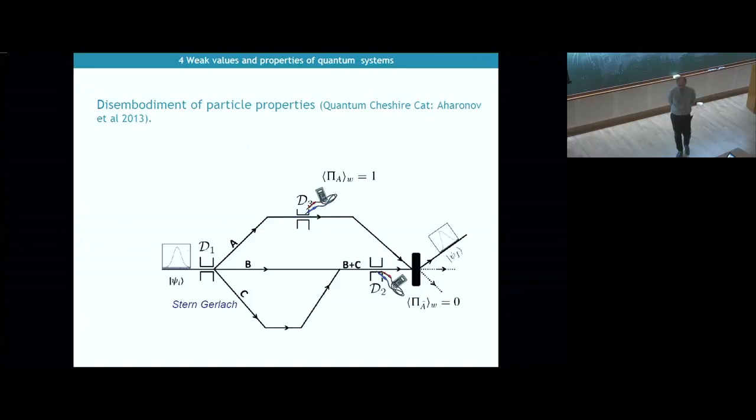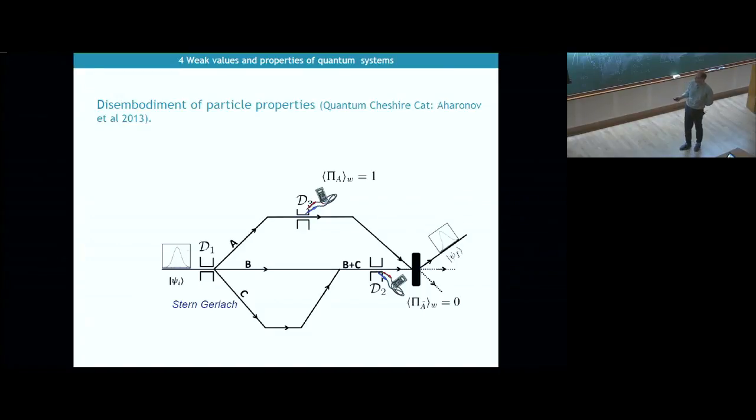Now, in addition to the particle presence, you can do the same thing for a particle property, like its spin. So here I am again using the same type of picture I used earlier, in which I have a pointer weakly coupled to the position, to the spatial wave function, and the weak value here will be 1. So I use another notation for weak value.